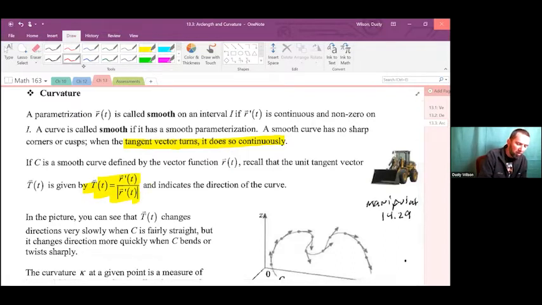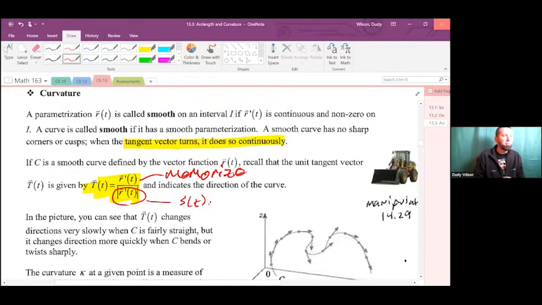And you might recognize this denominator from what we just learned. That denominator is our s prime of t. So that's our arc length function sitting there inside the unit tangent vector.